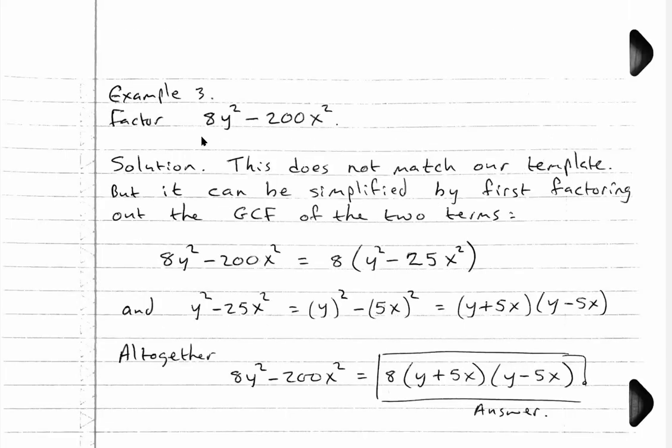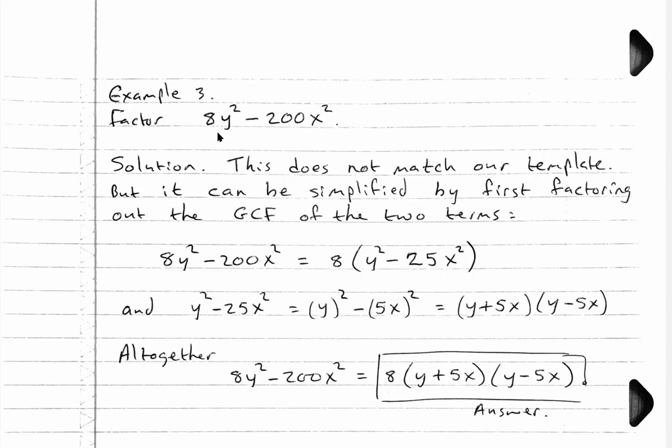Well, one way to make this trickier is, let's see. This time we want to factor 8y squared minus 200x squared. The problem here is 8 is not one of our perfect squares.